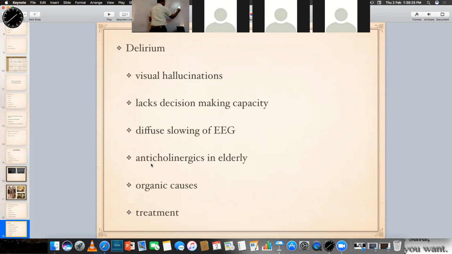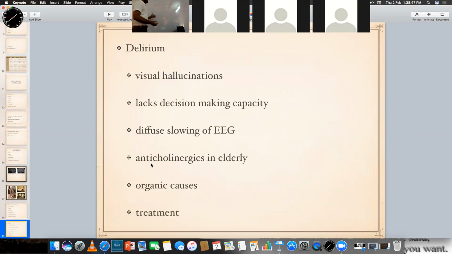Cholinergic receptors are 2 types, N type and M type. N is again of 2 types, on the muscle and on the ganglia of the neurons. And M is of 3 types, M1, M2, M3. M1 is present in the brain, M2 is present in the heart, M3 is present in the glands and smooth muscles, okay? So you all must be knowing this, right?